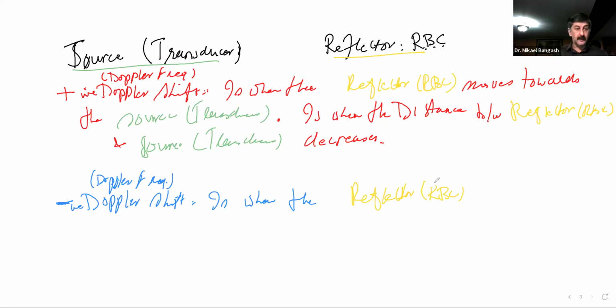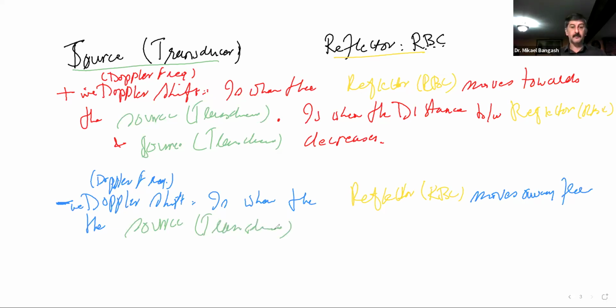Now, these red blood cells move away from the source, which in this case is going to be the transducer.